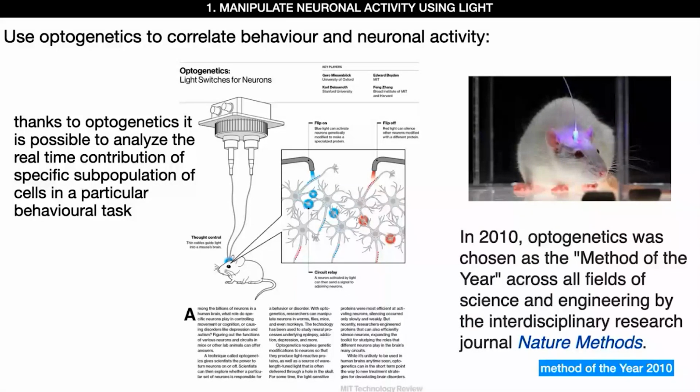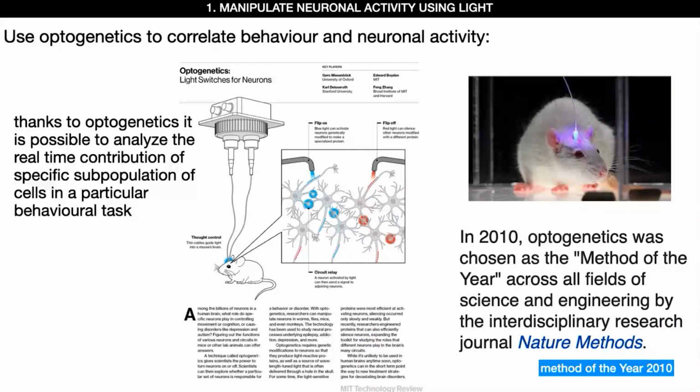Since that moment, not a long time ago, it really changed the way that we study the brain, and the way that we can visualize and understand behavior.